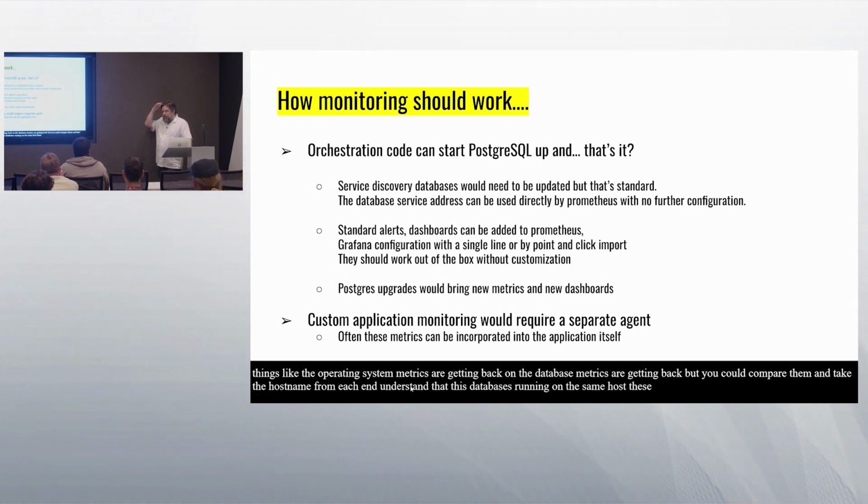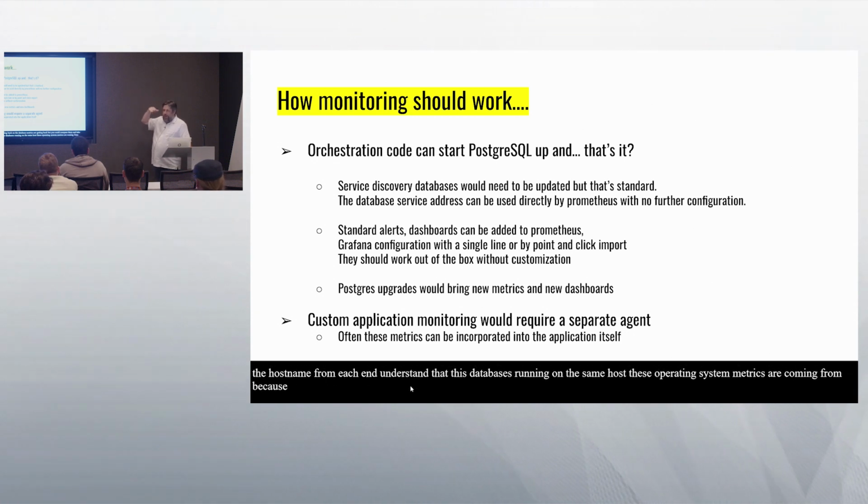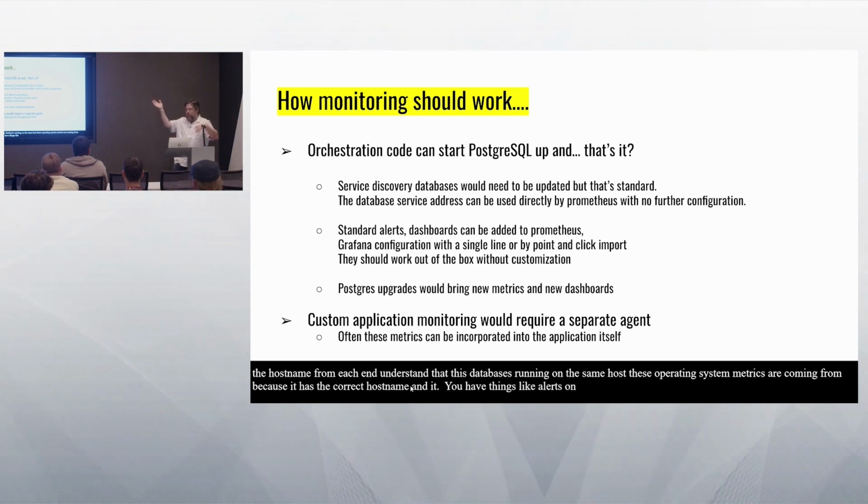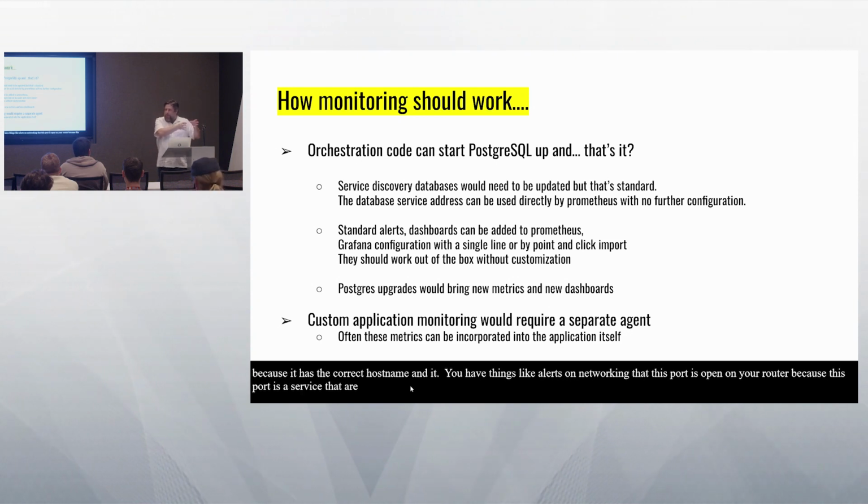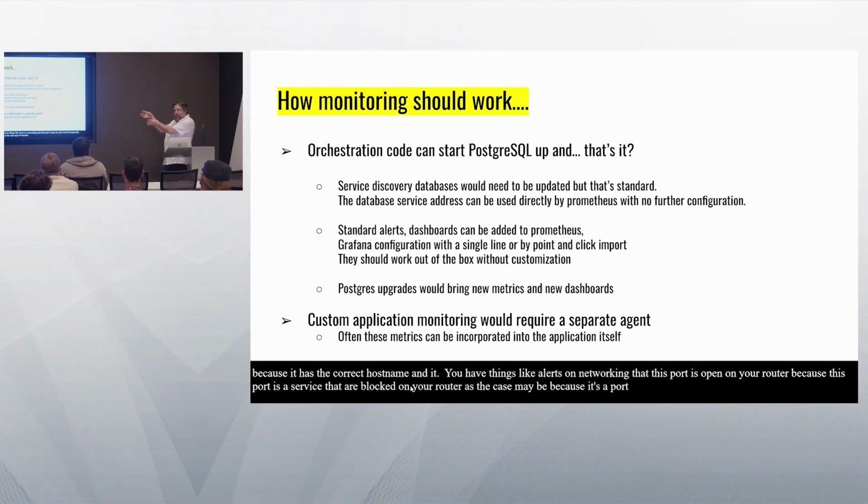You could have things like alerts on networking that this port is open, or blocked on your router, as the case may be, because it's a port that appears in the list of services that are running and in the metrics you're getting back from your networking stack. And it's the same port.